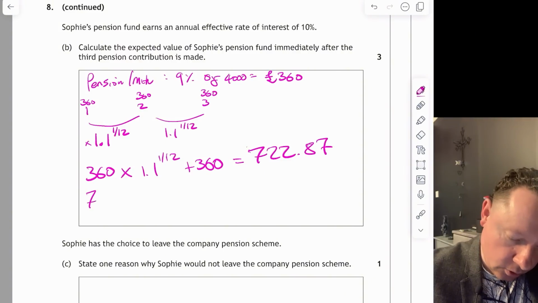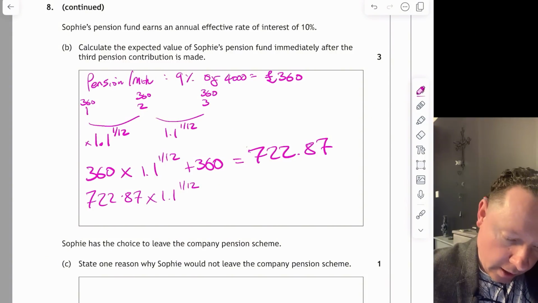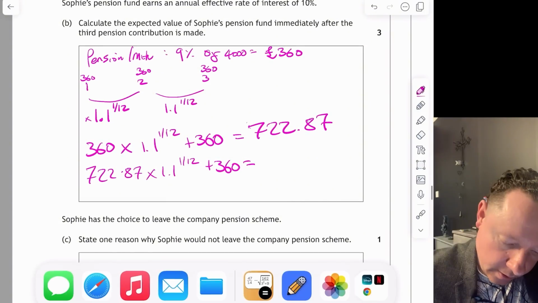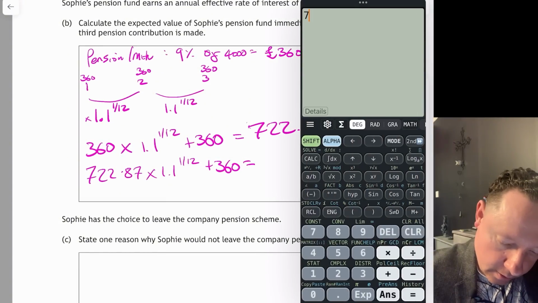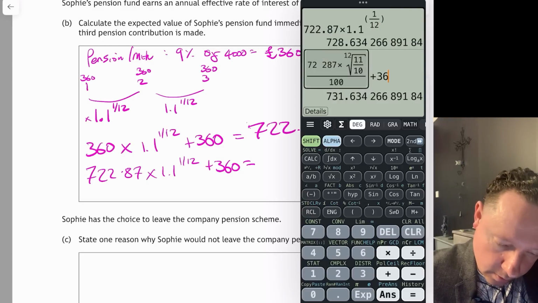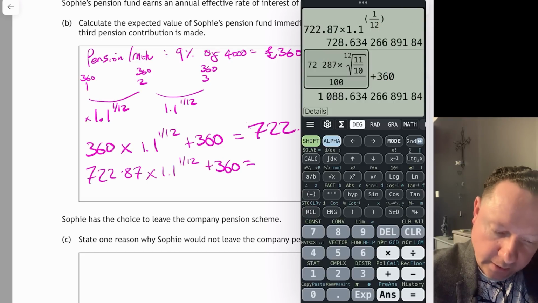So then we take our 722.87 and we times by 1.1 to the 1/12. And well, that's 1 360, 2 360, so an extra 360 on that as well. And that's the third 360. And you get 1088.63.